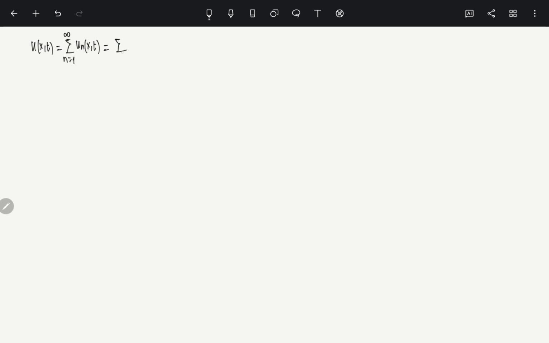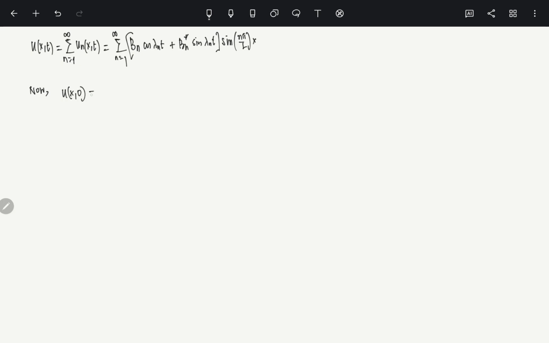This is summation n equals 1 to infinity b_n cosine lambda_n t plus b_n star sine lambda_n t, and then sine of n pi by L times x.